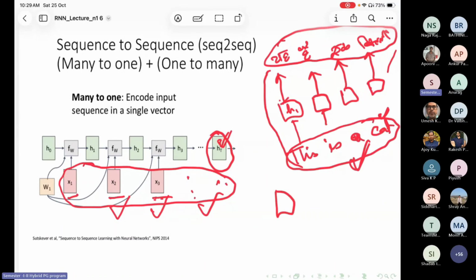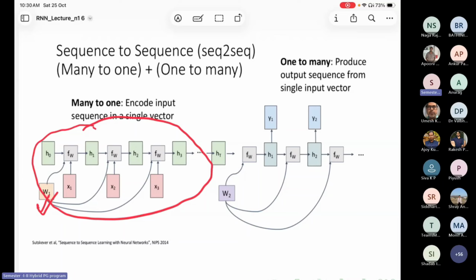So now at this point, once you reach here, from here you will start generating the output. You can see here this is one set where you have shown all the inputs with the help of W1, that is your function.